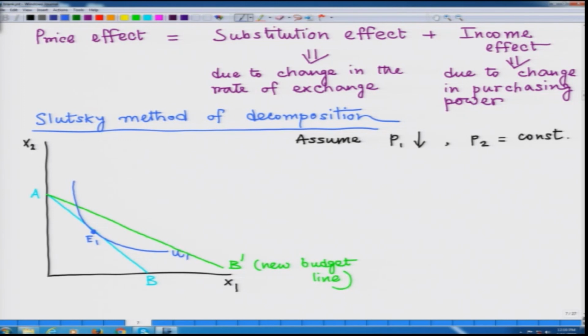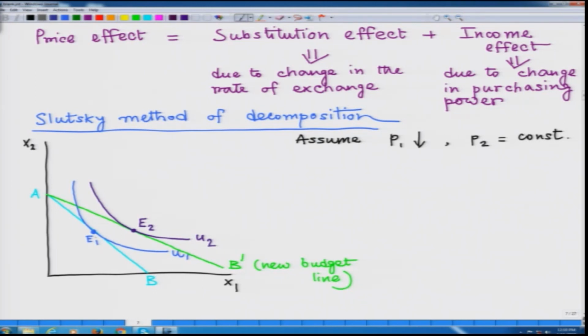Now, with this new price scenario, a different budget line has been drawn, AB prime. A new consumer equilibrium is going to emerge, and let us assume that the consumer now has arrived at the new equilibrium point E2, which gives the utility level U2. This journey from point E1 to point E2 is the total price effect.